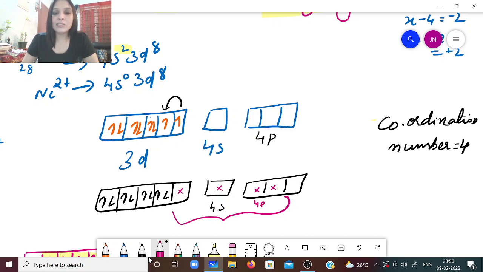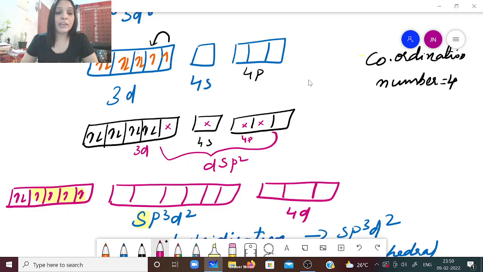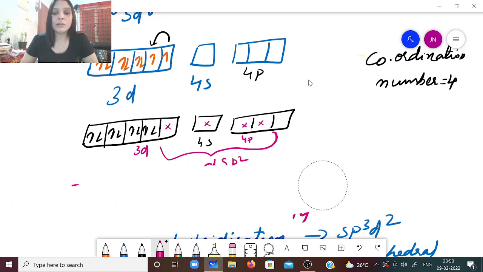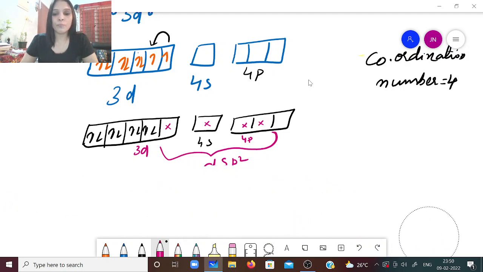So from 3d, 1 orbital, from 4s 1, from 4p 2. So we will have dsp2. See, d1 and s1 and p2. This is another special type of hybridization whenever there is a coordination number of 4.